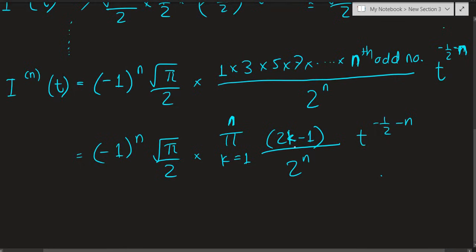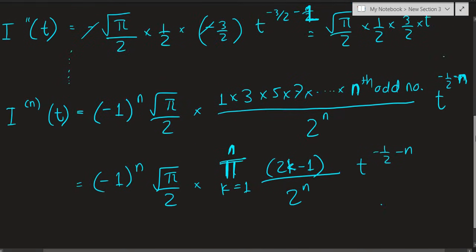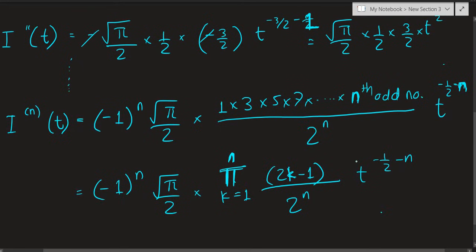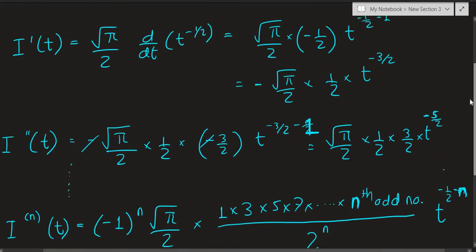So you can check this notation with each of the special base cases that we had, I prime, I double prime and all that. So for n equals 1, for the first derivative we had k equals 1 to 1, so 2 times 1 minus 1 or 1, and that's exactly what we had in the numerator, right?